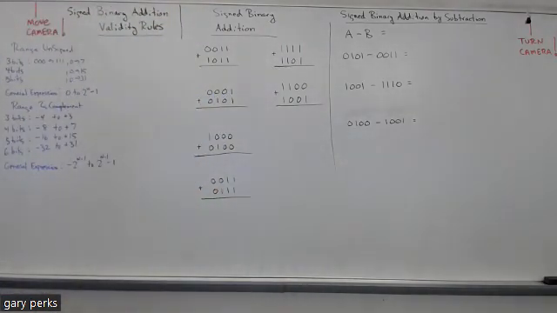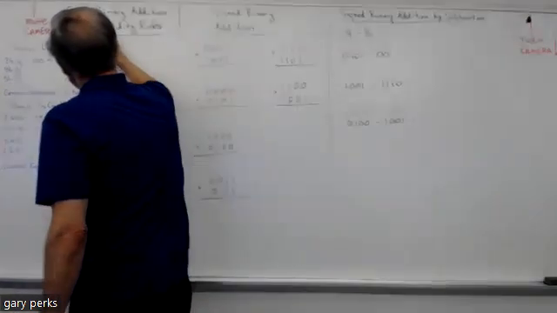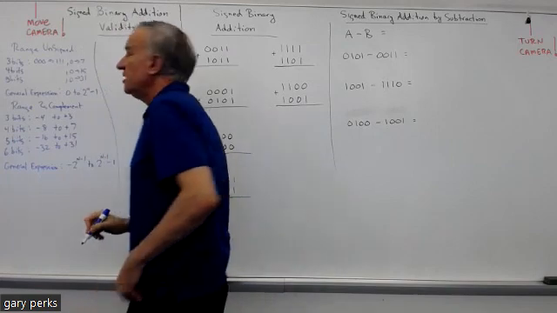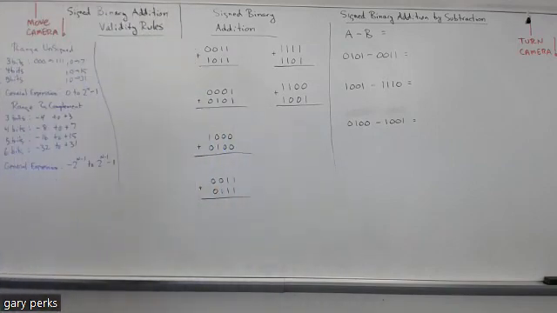Okay, this is all sort of preliminary, basic stuff. Now we're going to get into the nitty gritty of addition of signed binary, and subtraction, or addition by subtraction, of signed binary. The first thing is that there are some validity rules. There are some rules to make sure that the result you get from any signed binary addition makes sense, that it's valid.